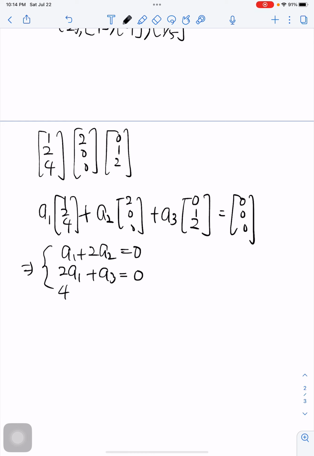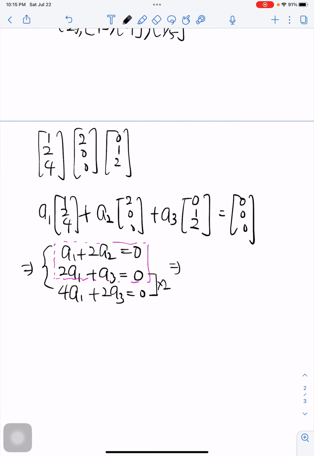And finally, 4A1 plus 2A3 equals 0. You notice that the last two are equivalent because you can simply multiply by 2 and you get the other equation. So you have only two equations to deal with.